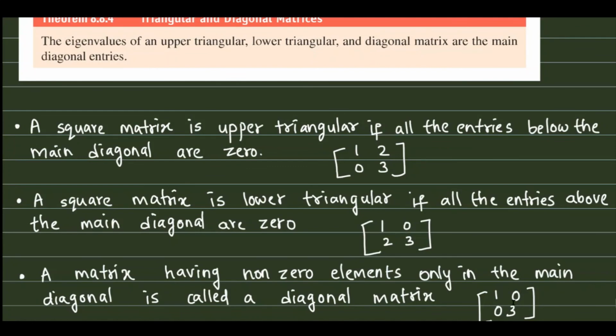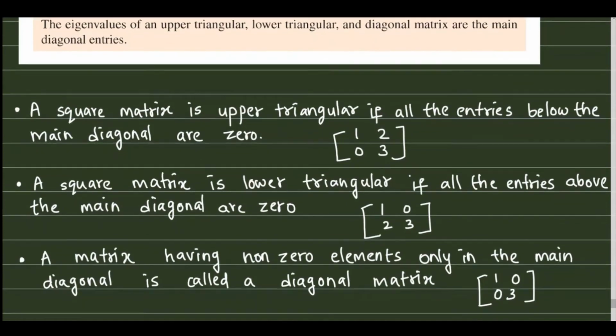So the theorem says that the eigenvalues of an upper triangular, lower triangular and diagonal matrix are the main diagonal entries. In the first matrix, the eigenvalues will be 1 and 3. The second matrix also has 1 and 3, and in the third matrix the eigenvalues are also 1 and 3, even though the matrices are different.